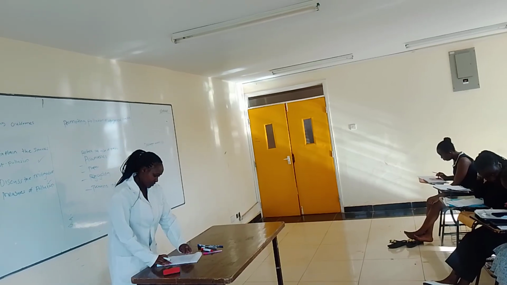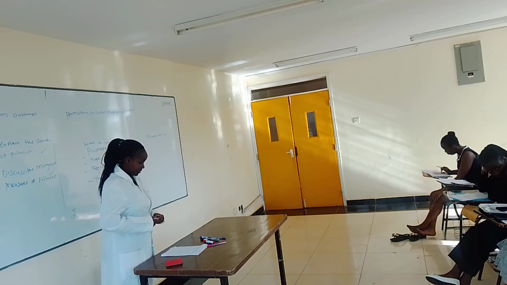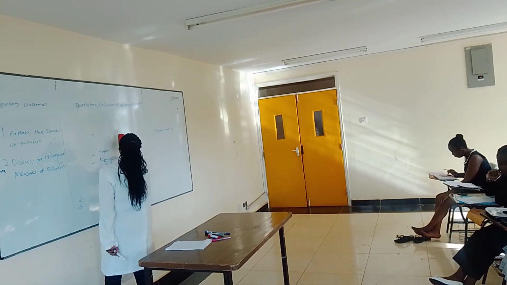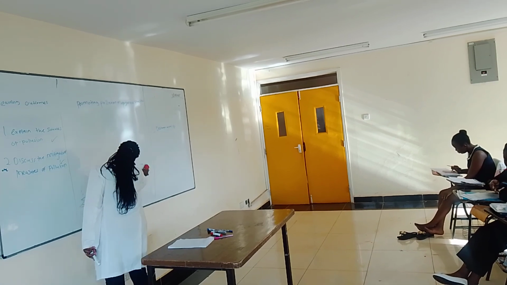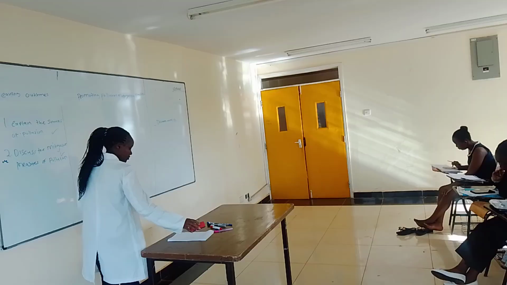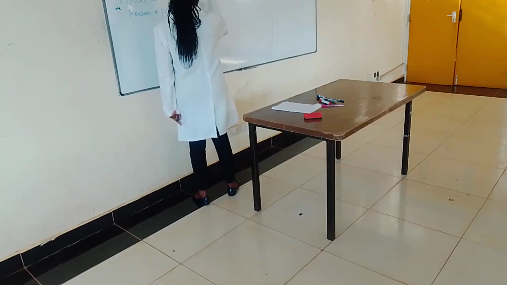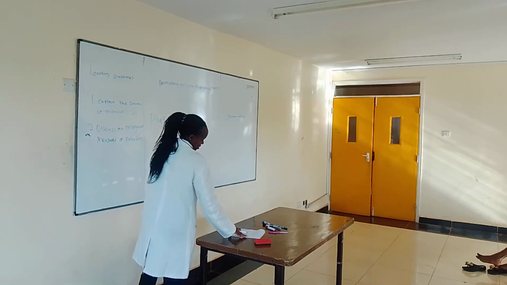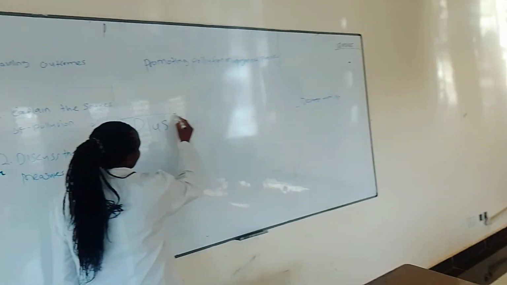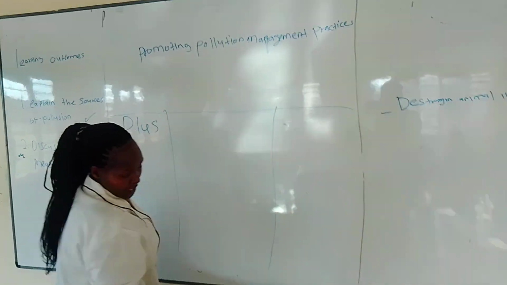So I want us to ensure that we all understood this class today on pollution. As we wind up our session, I want you to stand up and write something in these columns.